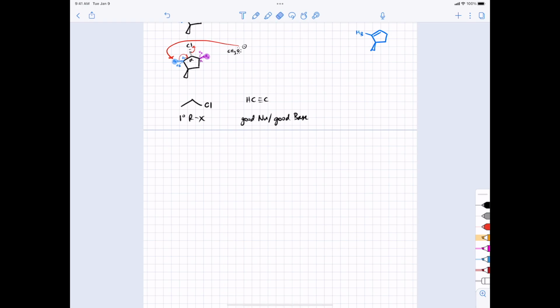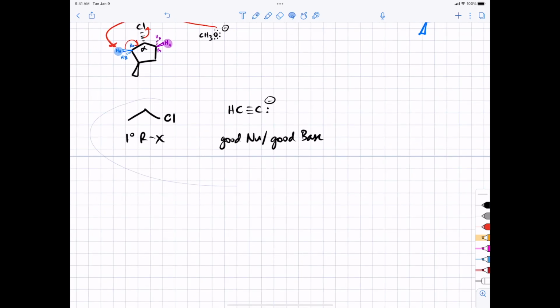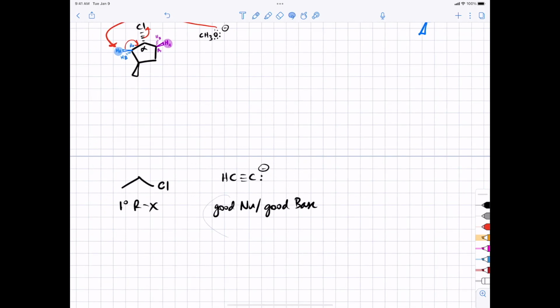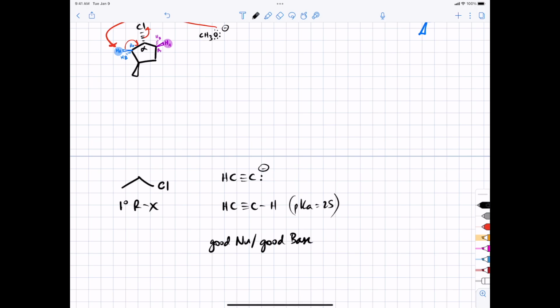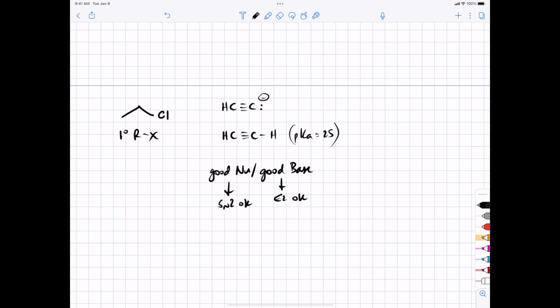That's supposed to be a lone pair there. Sorry about that. Acetylide is the conjugate base of an alkyne, which has a pKa of 25. So this is both a good nucleophile and a good base. So we would need to be thinking about the SN2 reaction and the E2 reaction.